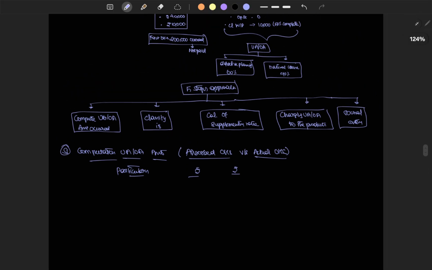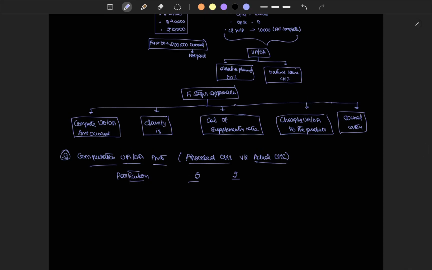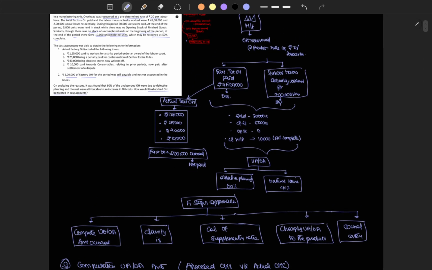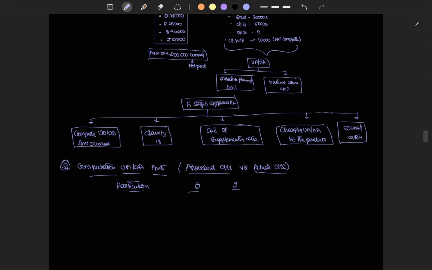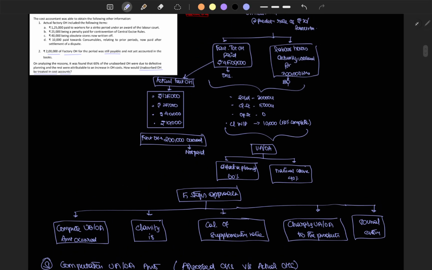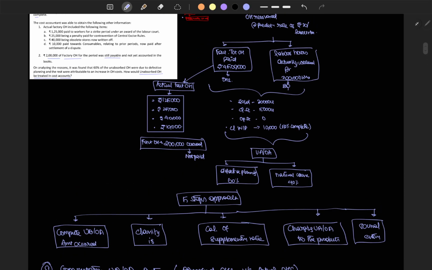Now we have to find out the actual overheads occurred through the adjustments given. What they have actually given is that the total factory overhead is 45 lakhs. First thing, total factory overhead is 45 lakhs. And what else they have given?